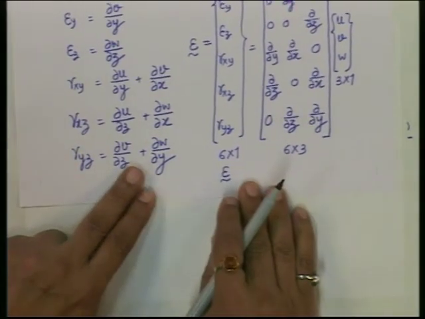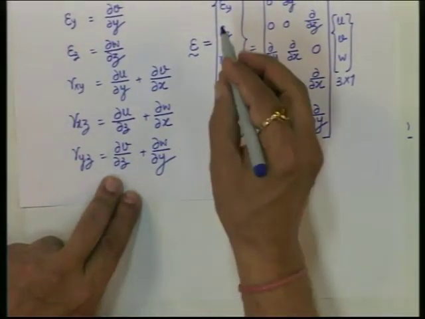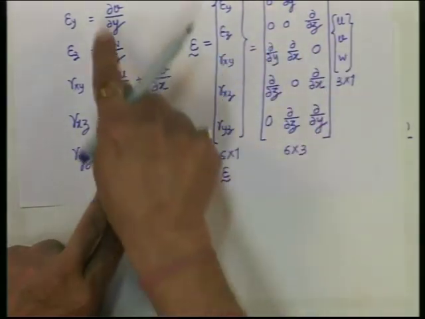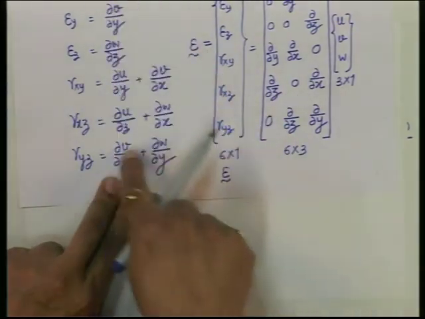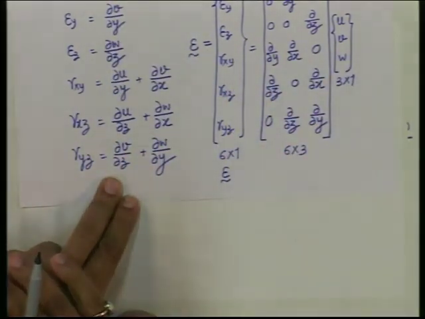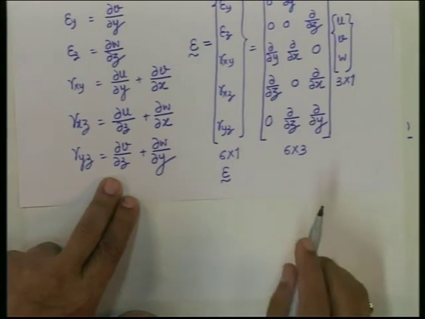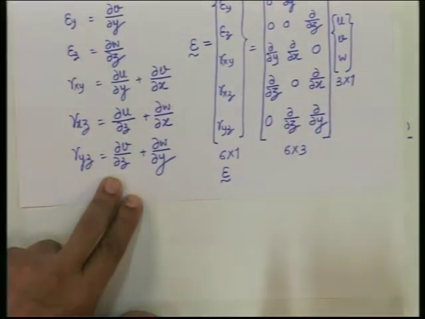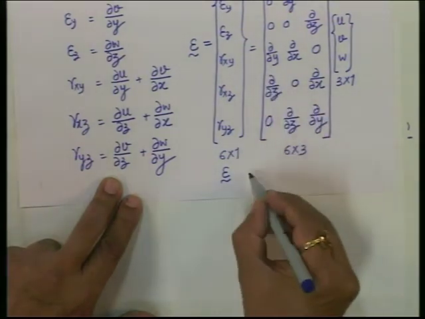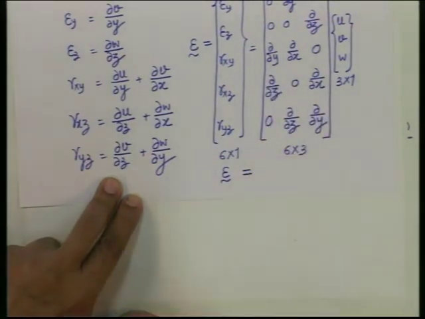By the way, up to here it is exact. All these relations you have written are exact elasticity relations. I think we have not yet introduced discretization, so everything is exact here.